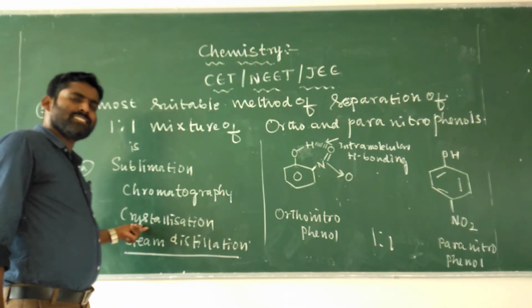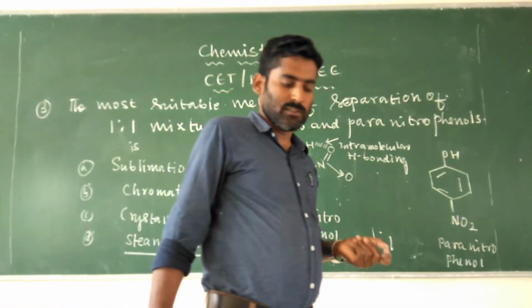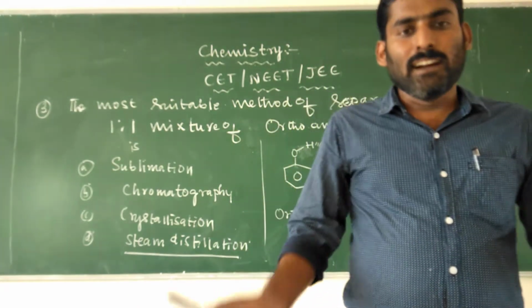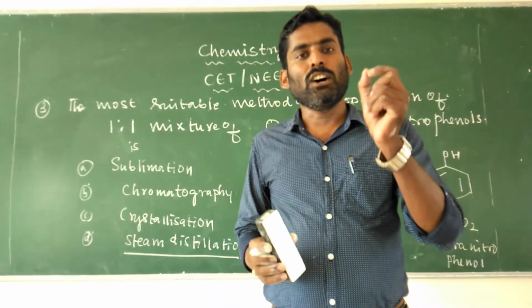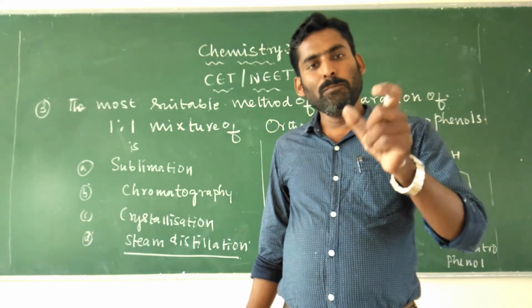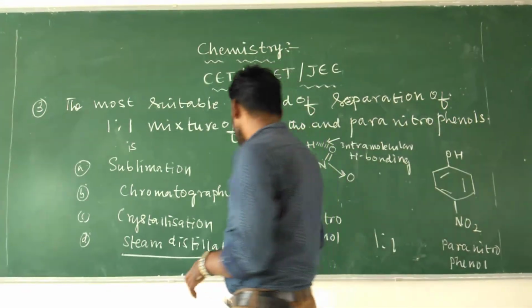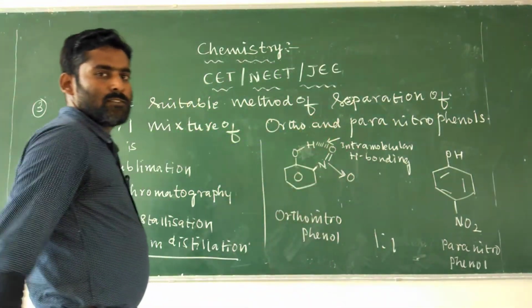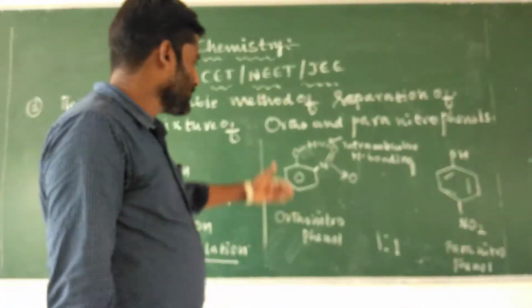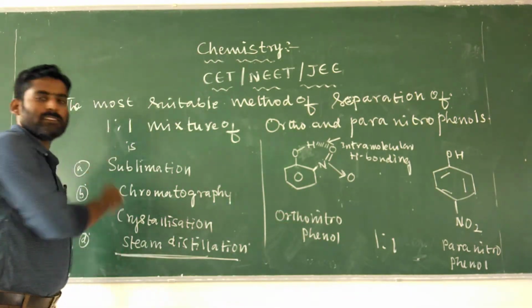Crystallization is a method used to purify organic compounds where there is a difference in the solubility of the pure organic compound and impurities in a suitable solvent. So the better method for the separation of ortho-nitrophenol and para-nitrophenol is steam distillation.